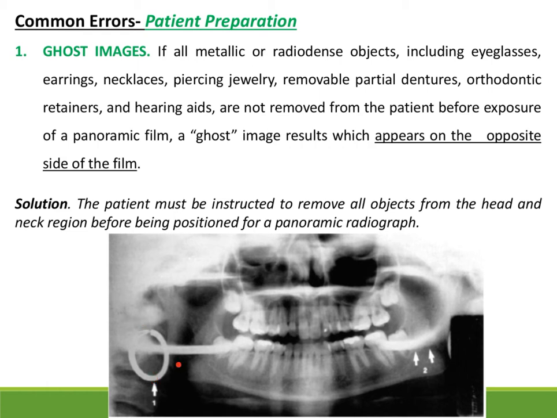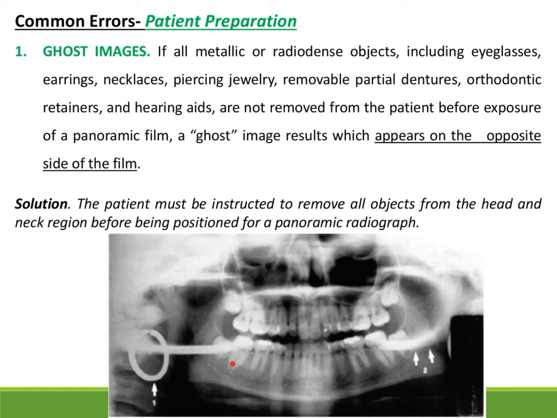The right earring that you see here, the ghost image of the right earring, you see it on the opposite side. When you see it on the opposite side, it is larger in size, it's almost of the same shape, but it is not sharp, it is having distortion. It is also at a higher level than the actual object.